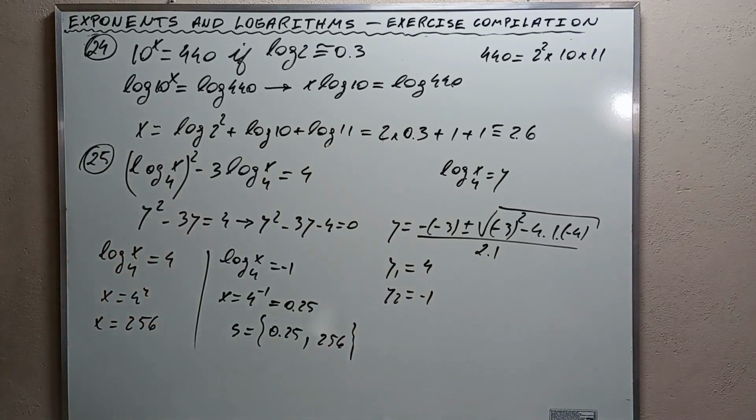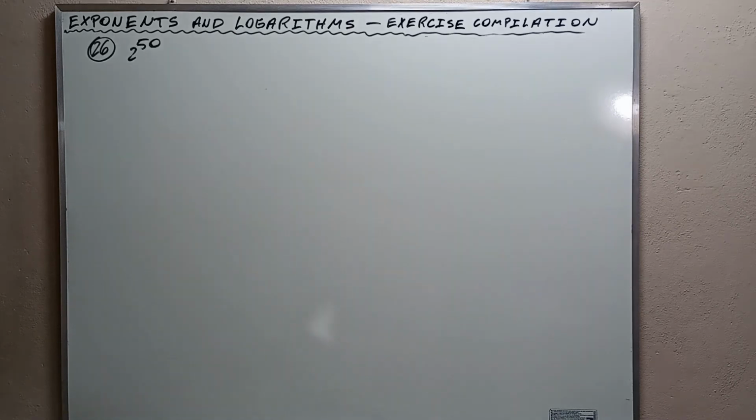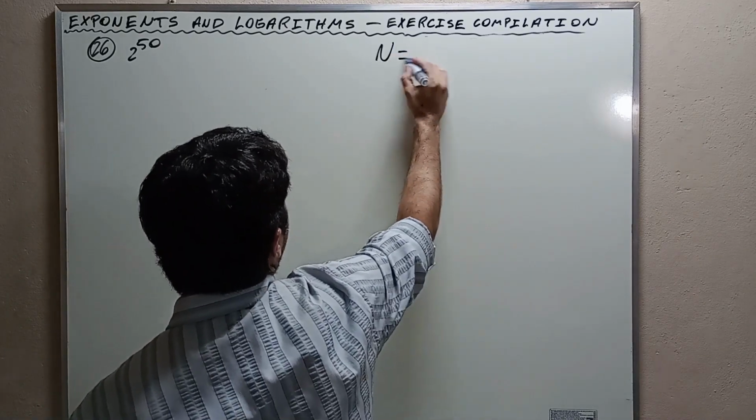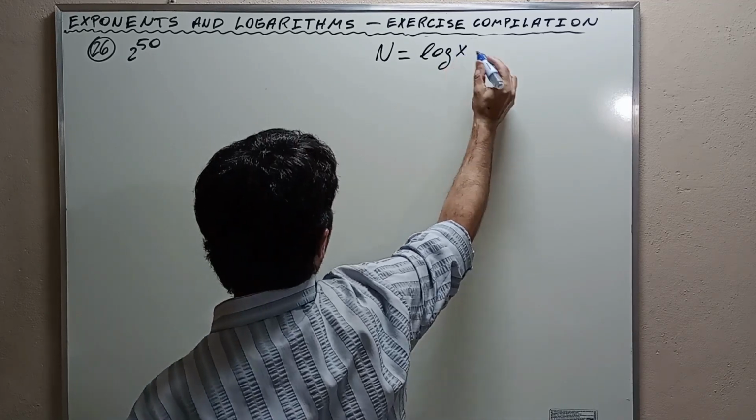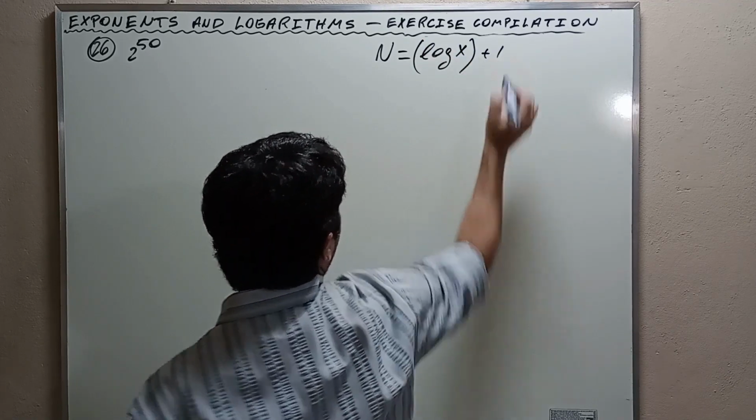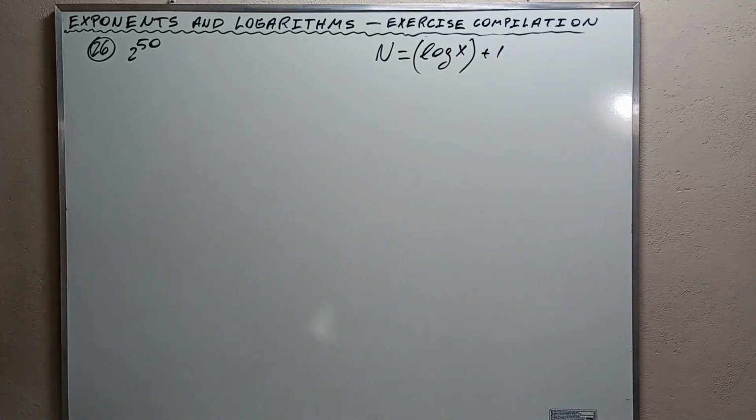Okay, my friends, this is the solution of exercise 25. Let's go to exercise 26. Exercise 26 now, my friends. How many digits does 2 to the power of 50 have? And to solve this question, we have to use this. The number of digits is equal to the logarithm base 10 of the number plus 1, okay?